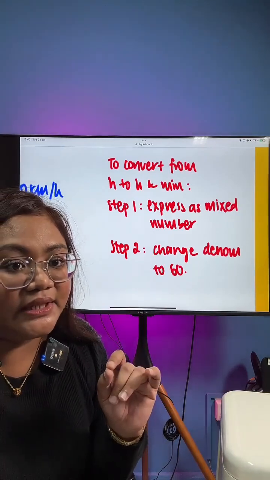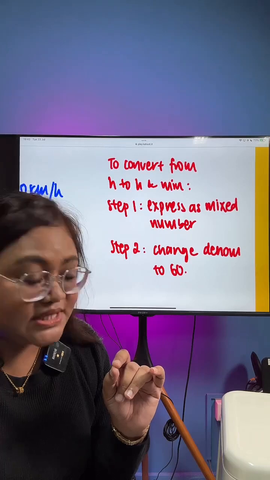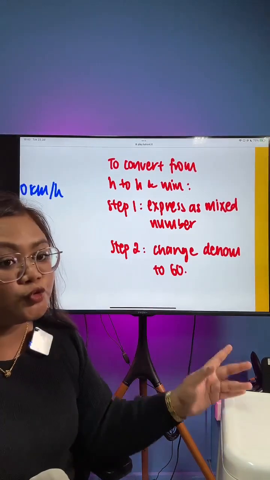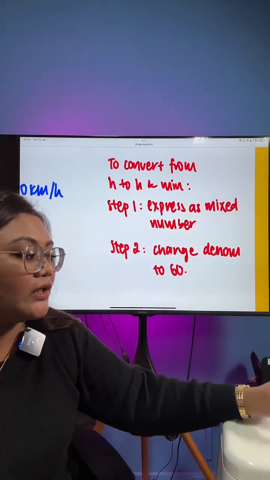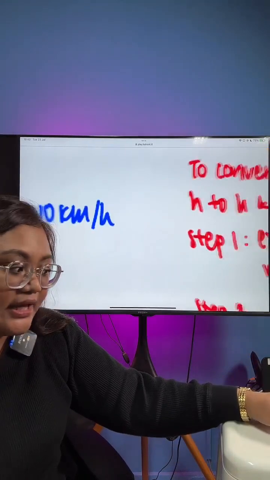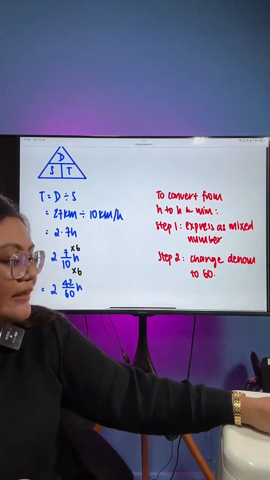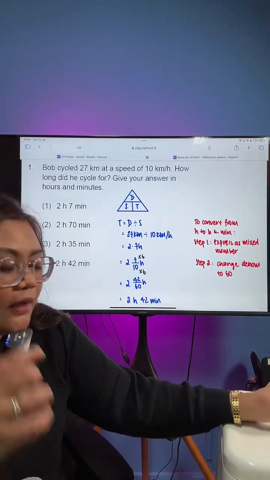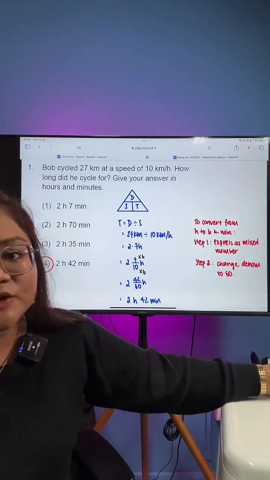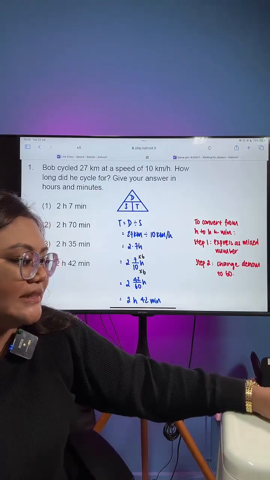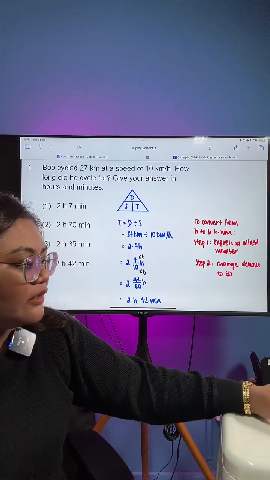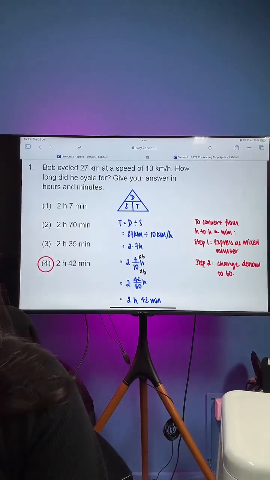So once again, it is not 2 hours and 7 minutes. We got to convert the 0.7 into a fraction with the denominator of 60 first. Then we can get our minutes, which is 2 hours and 42 minutes as our answer. Okay? So the correct answer is 2 hours and 42 minutes.